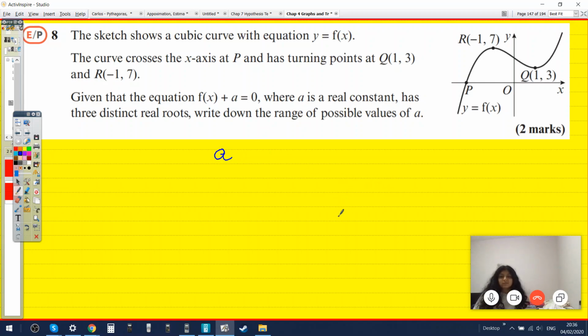So what's its coordinate then if it moves 2 down? If q moves 2 down? 1, 1. Oh, sorry.